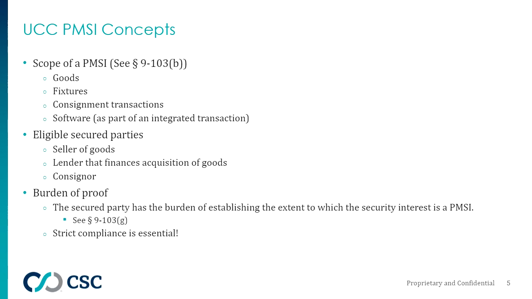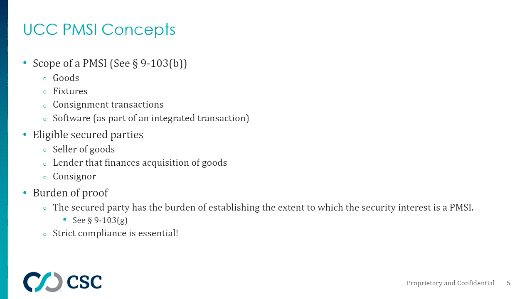But one thing that is very important to remember, and this will be a constant theme throughout the creation and perfection of purchase money security interest, is that the burden of proof lies on the secured party that's claiming to have purchase money priority. The reason is that the purchase money security interest is an exception to the normal rules of priority.